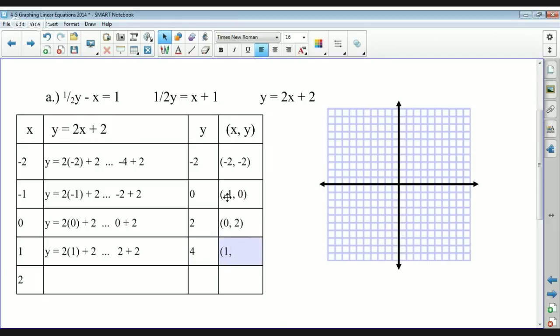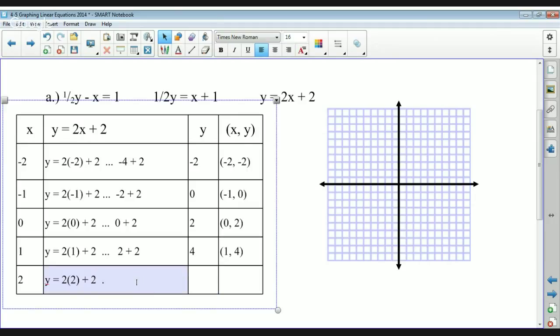And I show that as my ordered pair, 1, 4. And we do this one last time. Now we're plugging in 2 for x. So 2 times 2 plus 2. 2 times 2 is 4 plus 2 gives me an answer of 6. My ordered pair is 2, 6.